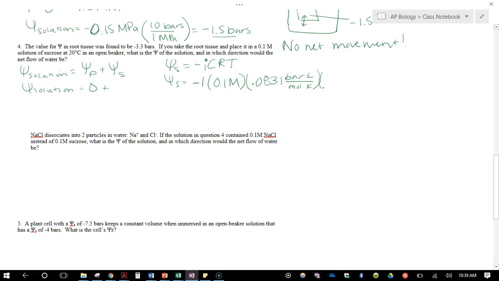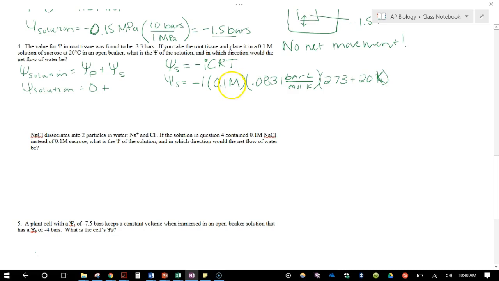And then 273 plus 20 degrees Celsius is going to give us our K. We'll just leave this K. So we're adding them together. Okay, so we can cancel our units.